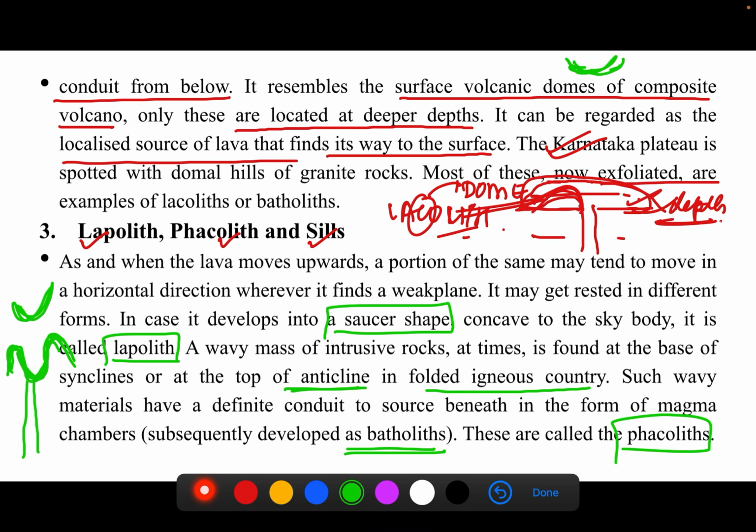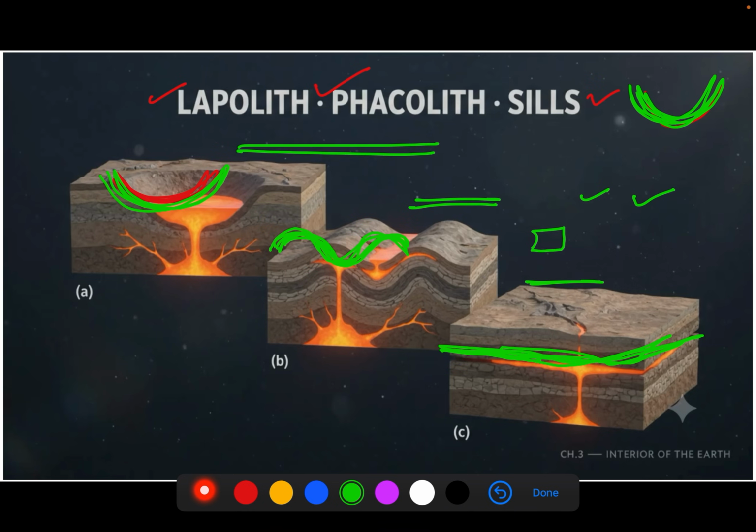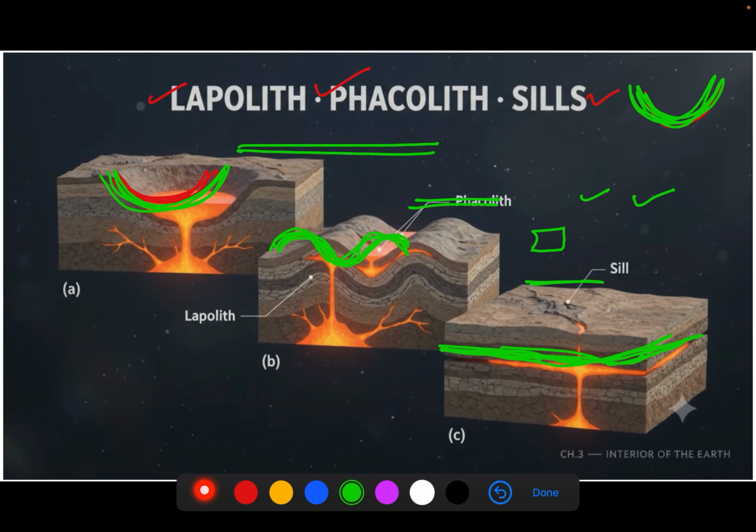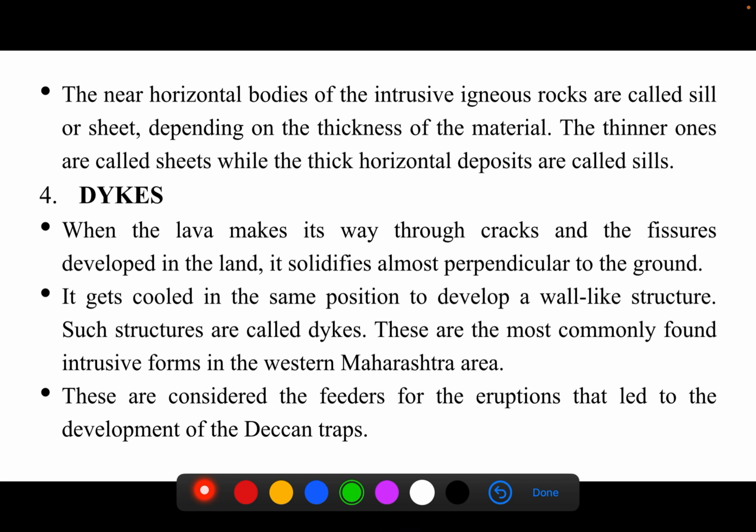Fine. So just remember the shape and the name. You just need to associate them, right? Lapolith is saucer shaped. Wave shaped is a phacolith, right? And the last one that we have to understand is a sill.